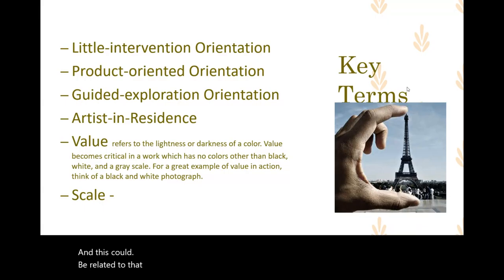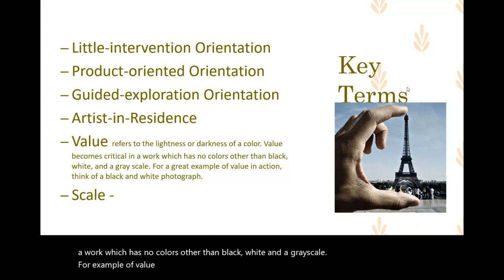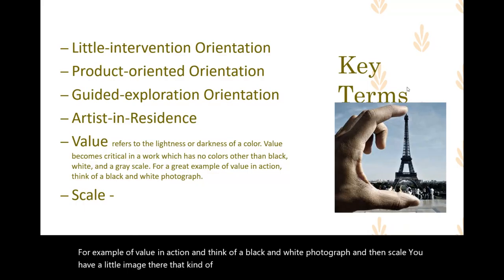Value refers to the lightest or darkest of a color. Value becomes critical in a work which has no colors other than black, white, and a grayscale. For example, value in action, think of a black and white photograph, okay? And then scale, you have a little image there that tells you all you need to know about scale just in that one little photograph.